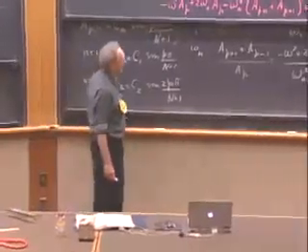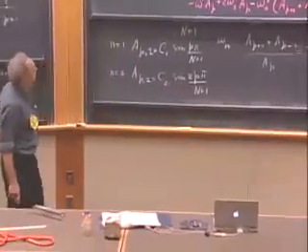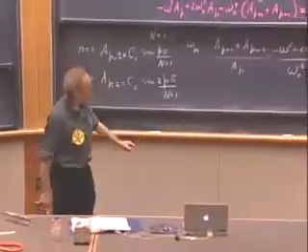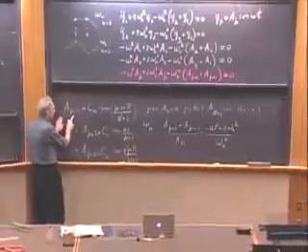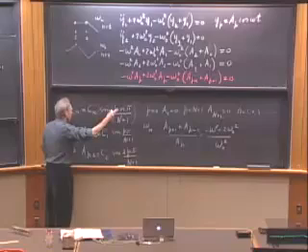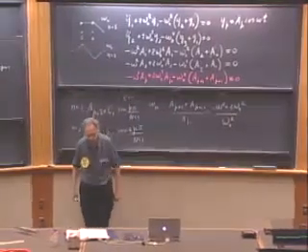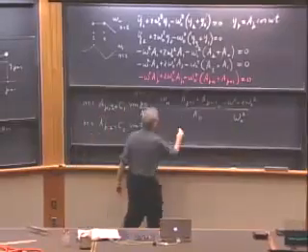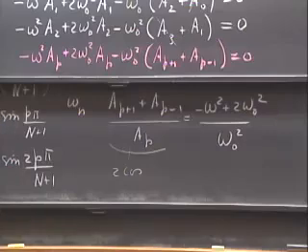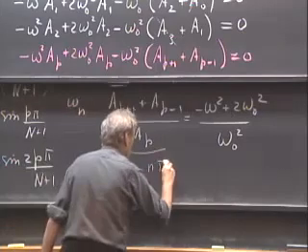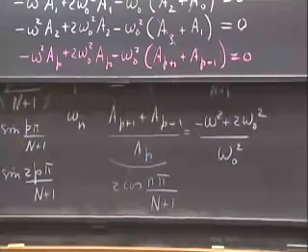And I decided not to go that route, but you can use the values for AP that we have defined, namely this one. And so you can now massage the trigonometry, and you can find that this ratio is very simple. It's twice the cosine. So this whole thing is twice the cosine of n pi over N plus 1. That is correct. N pi over N plus 1. So there's no physics there. It's purely a matter of trigonometry.